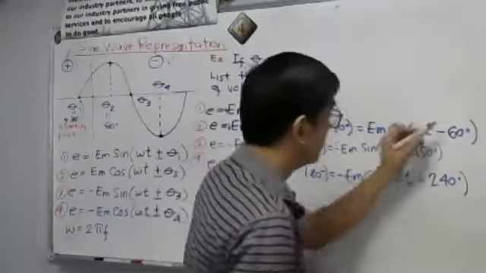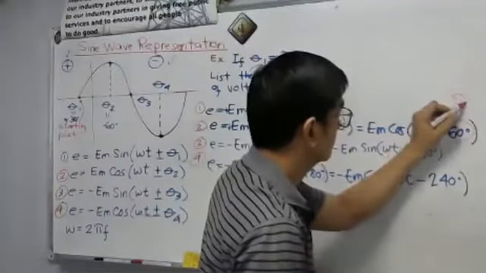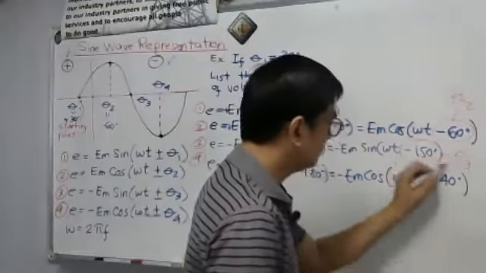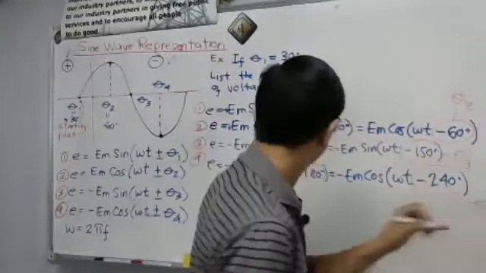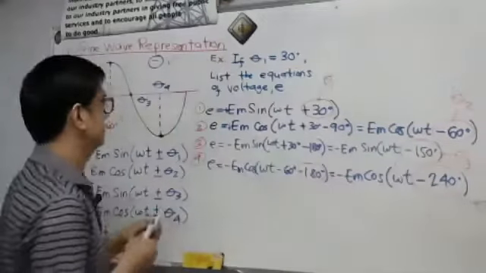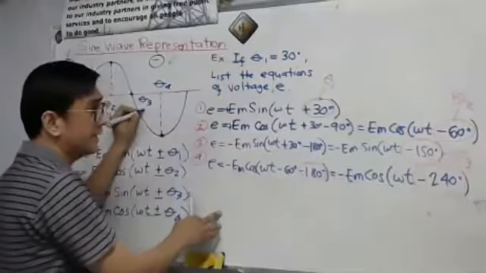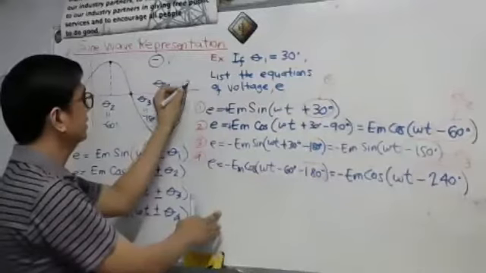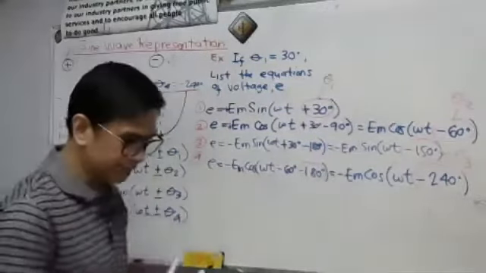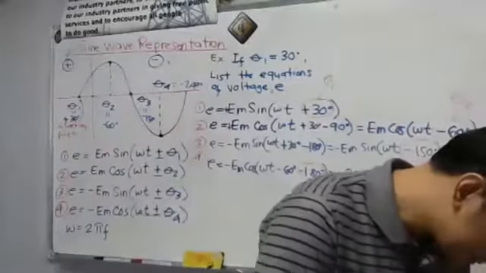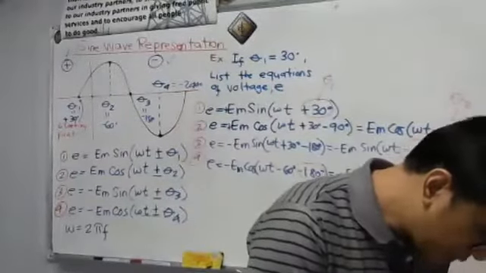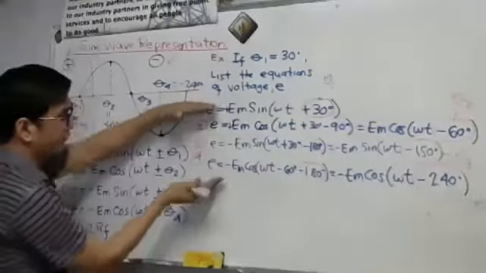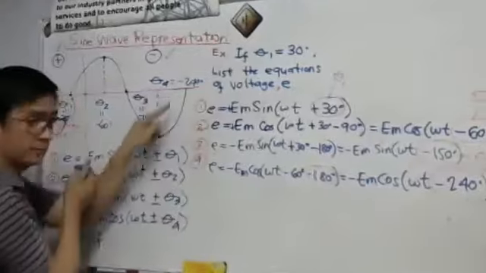The negative 60 is for theta 2, negative 150 is for theta 3, and negative 240 is for theta sub 4. So that is our equivalent waveform, the four equations to represent this waveform.